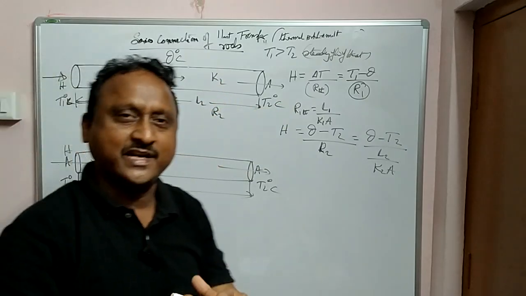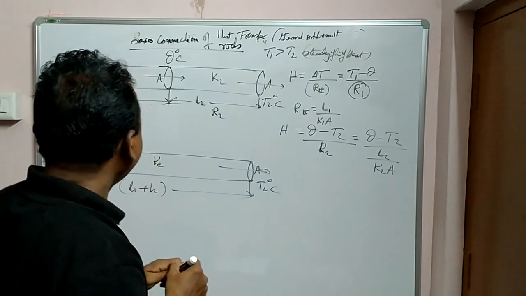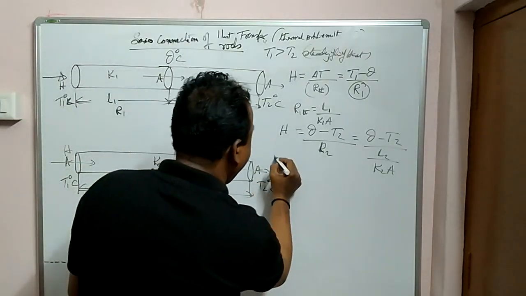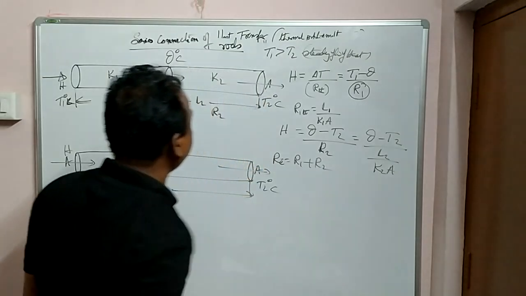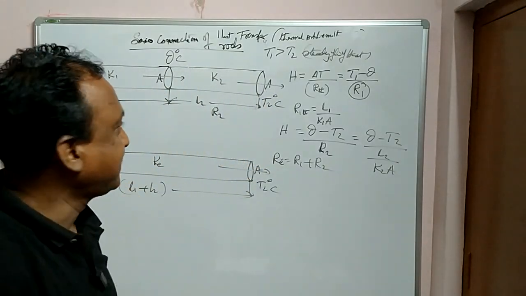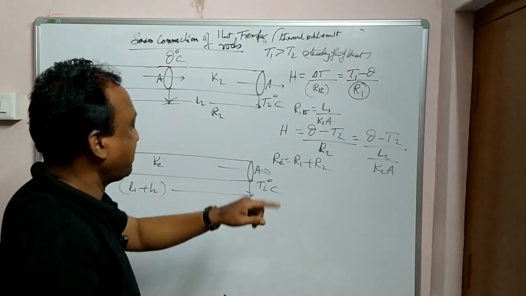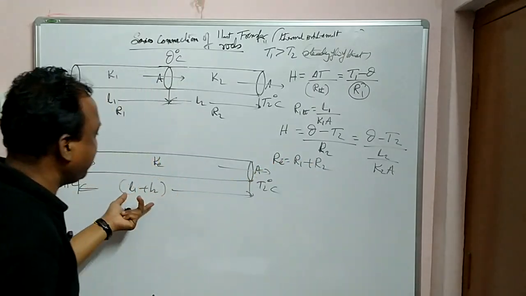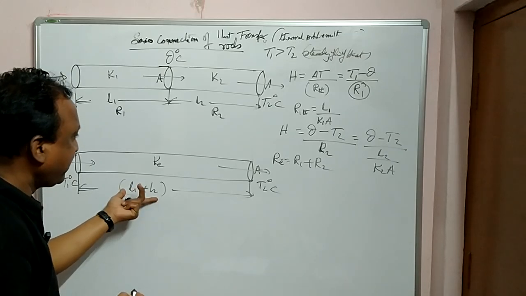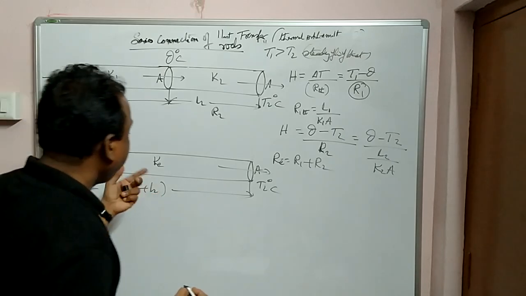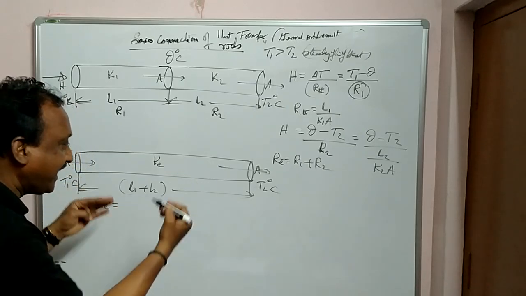But as you know in current electricity, what is the series connection formula? Effective value, series connection, you will get Re is equal to R1 plus R2. In series connection, what is the effective value in current electricity? R1 plus R2. But what is Re, the effective value for this one? I will get R thermal is equal to L by Ka.